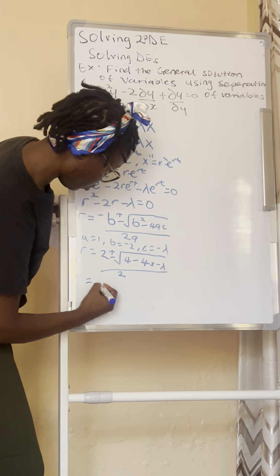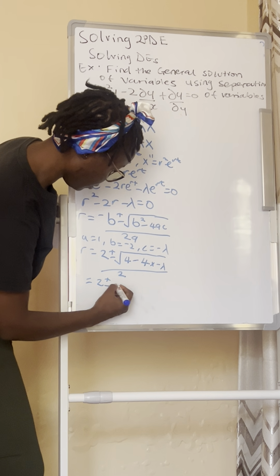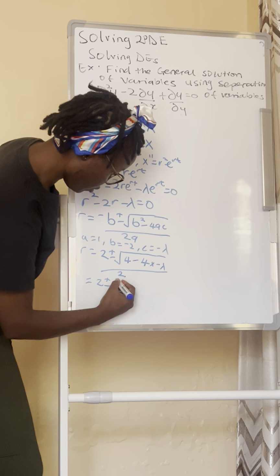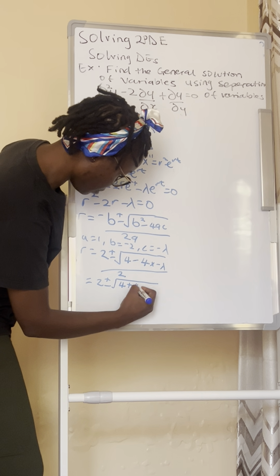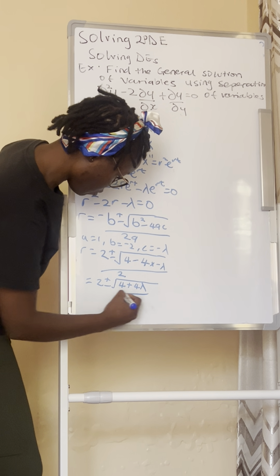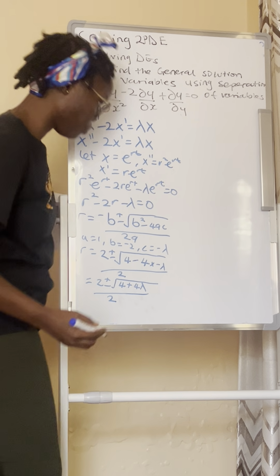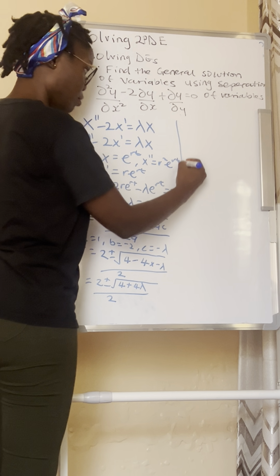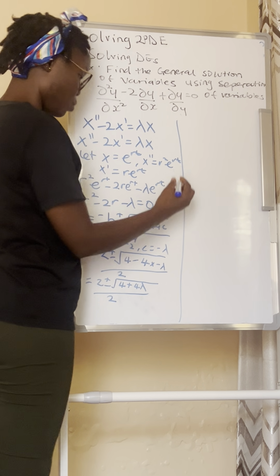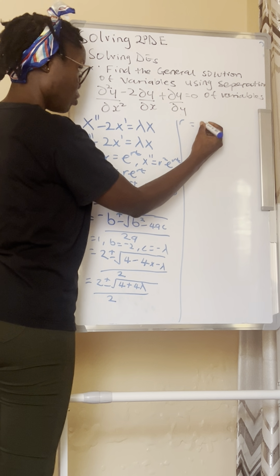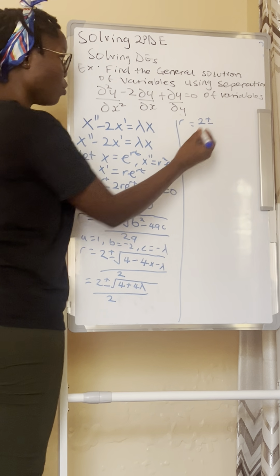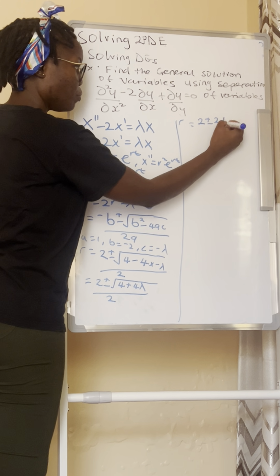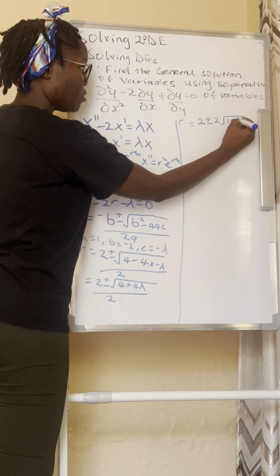In this case, it will be 2 plus or minus, okay, let's first convert that, the square root of 4 plus 4 lambda over 2. In this case, we'll have r is equal to 2 plus or minus, we'll factor out the 4, it will be 2 over 2 times the square root of 1 plus lambda.